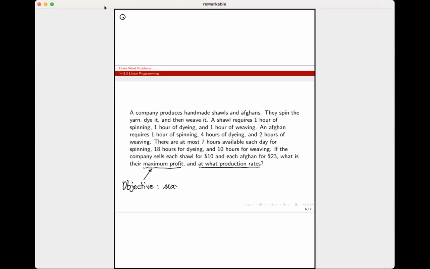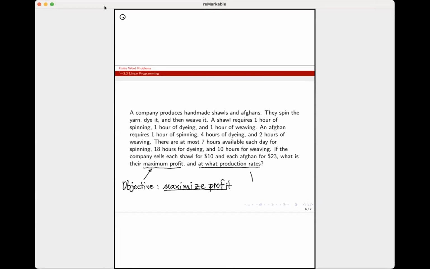is to maximize profit, right? And then our constraints are going to be the rest of the problem, but we need to figure out what is going to be the equation for profit, and then what our variables are going to be.